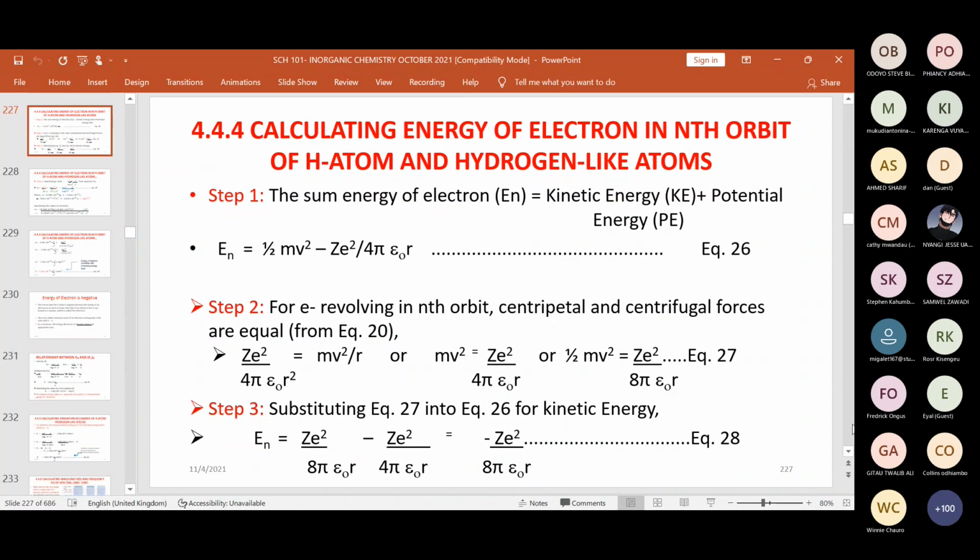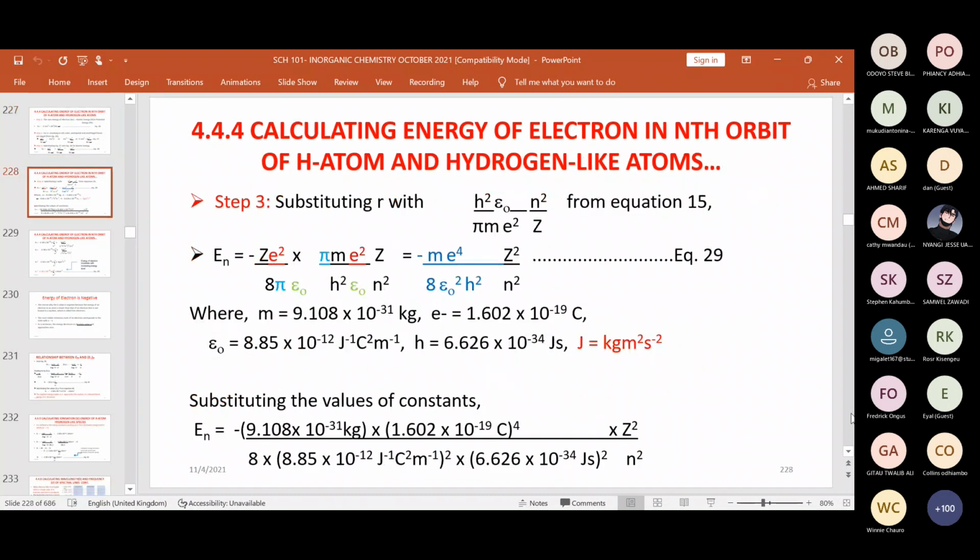And so we got the last part where now we want to substitute R by the big expression for R that we derived. So we go ahead in step 3, we substitute R by the value of R, which was h squared permittivity n squared over pi m e squared Z. Where we had R in equation 28, we substitute this expression here.